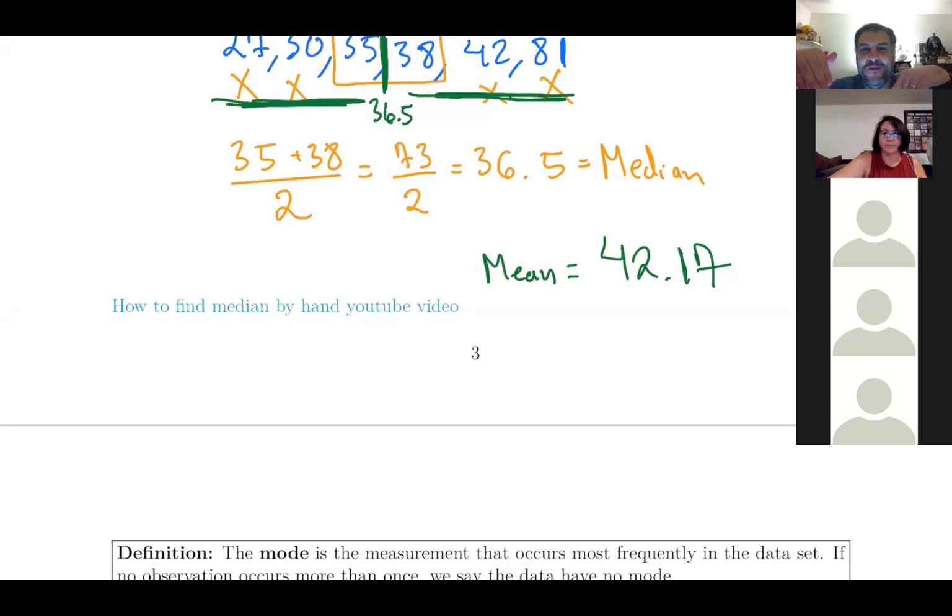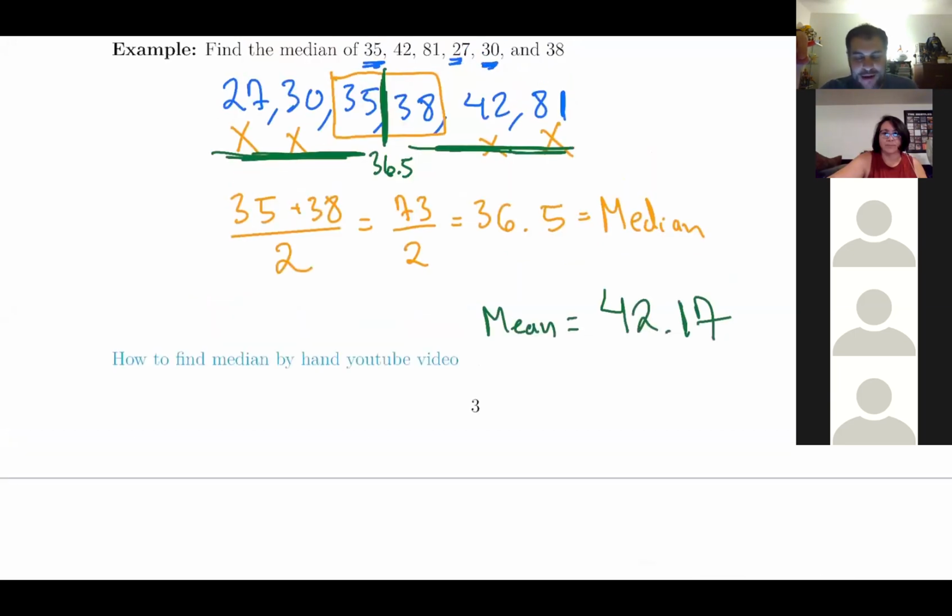But if you look at this one, we have a big difference, a difference of about 6 points. If you look at 36.5 and 42.17, there's a difference. So why do you think we're seeing such a big difference?